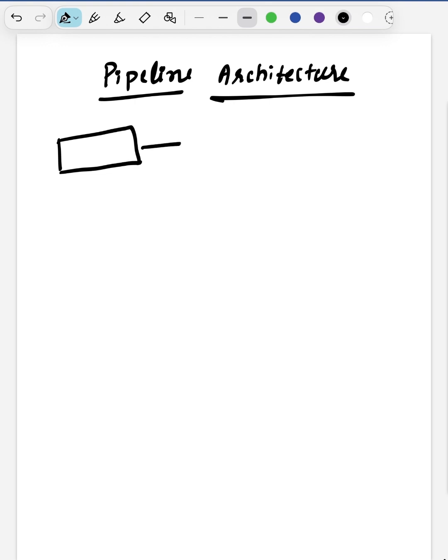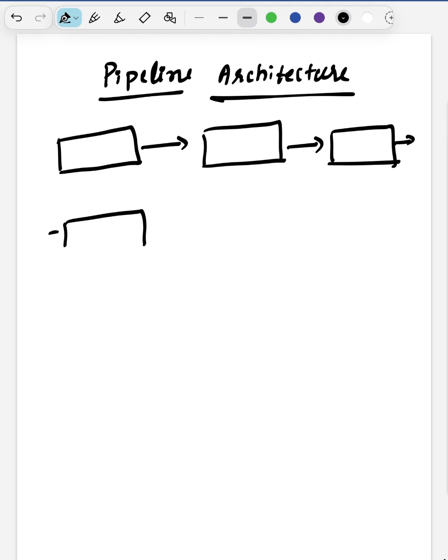This is one step, pipeline, another step, pipeline, and next step. This is a pipeline.